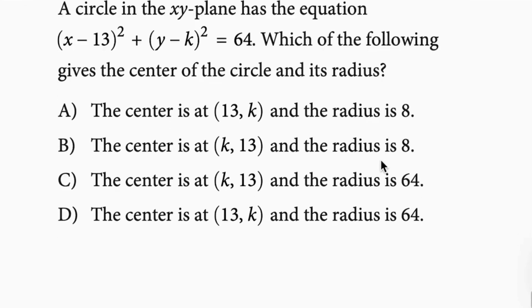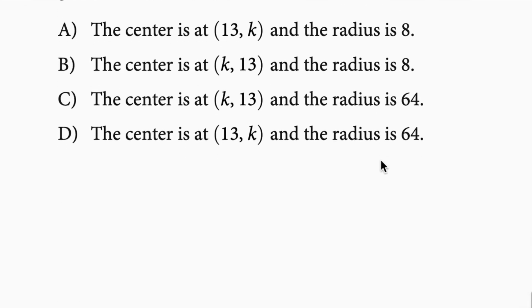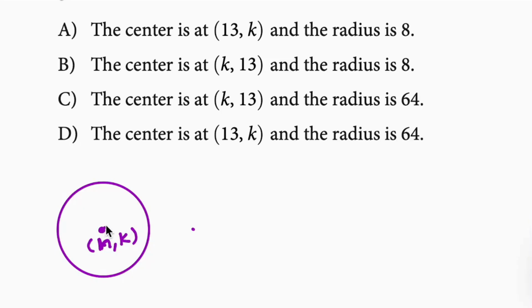Now, because this is a question about radius, the very basic property of a circle is that if the coordinates of the center are h and k, let's say, the distance from (h, k) to any point on the circle (x, y) is the radius, and it is the same throughout.